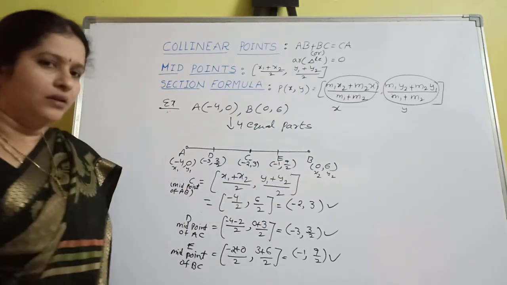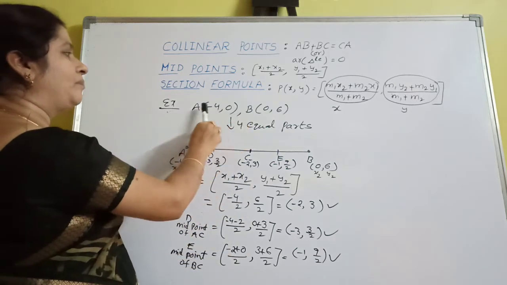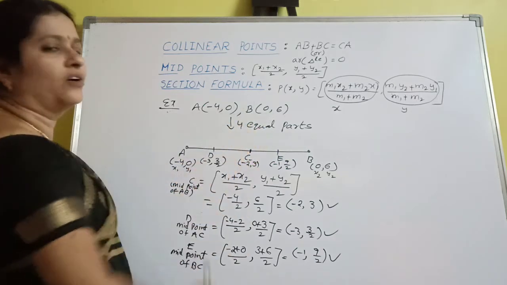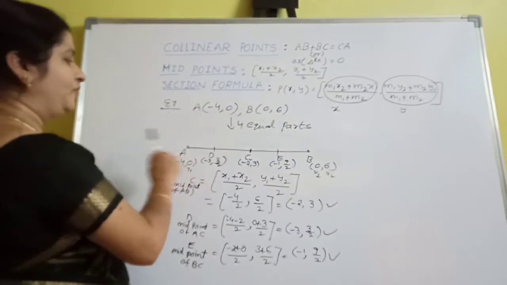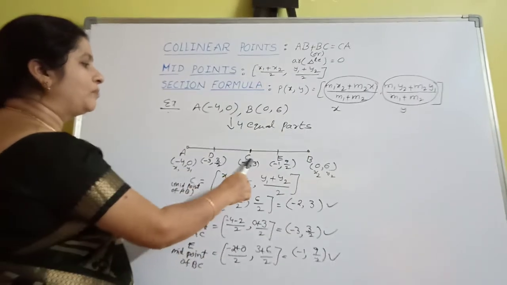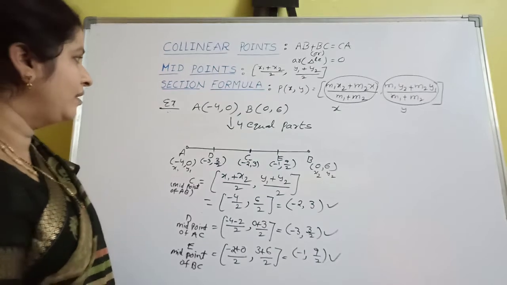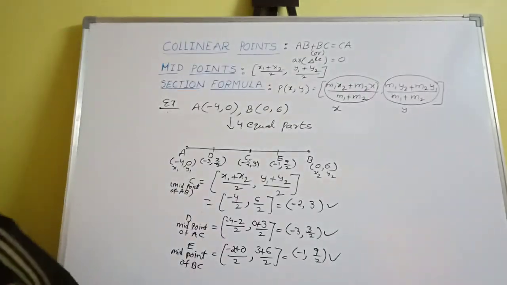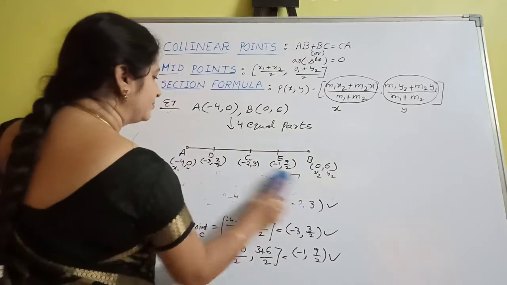So understood? What is the question? Divide the line joining the points AB into 4 equal parts and find those points. Let us see one more example for this.